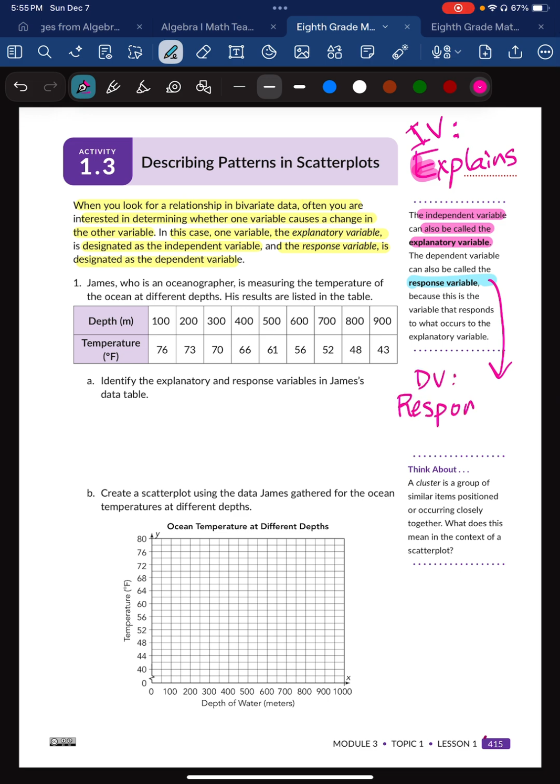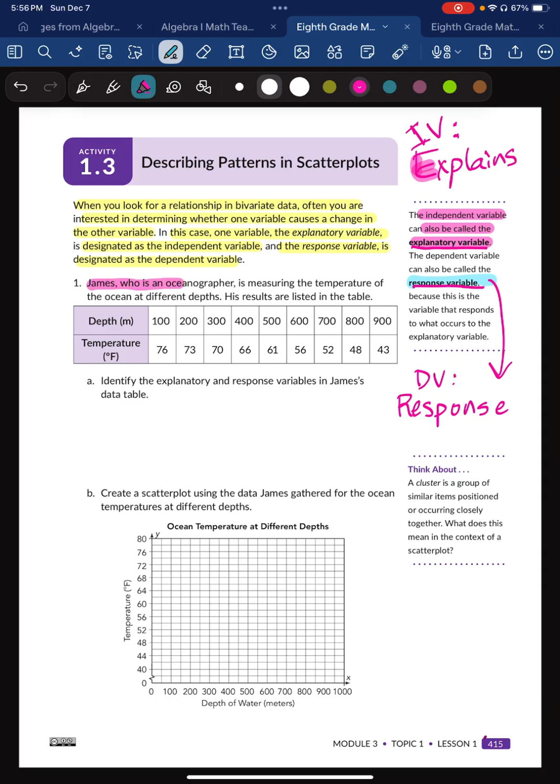Remember, it depends on something else. Just for now, while we're using scatter plots. When we go back to regular graphs and linear equations, we'll go back to just calling them independent and dependent variables. So let's check out this first problem.